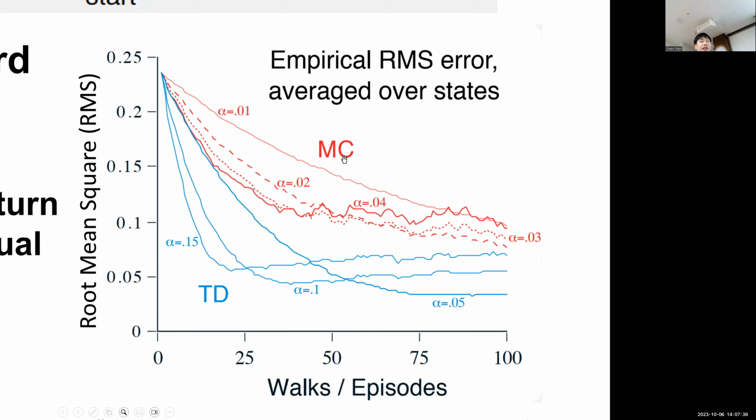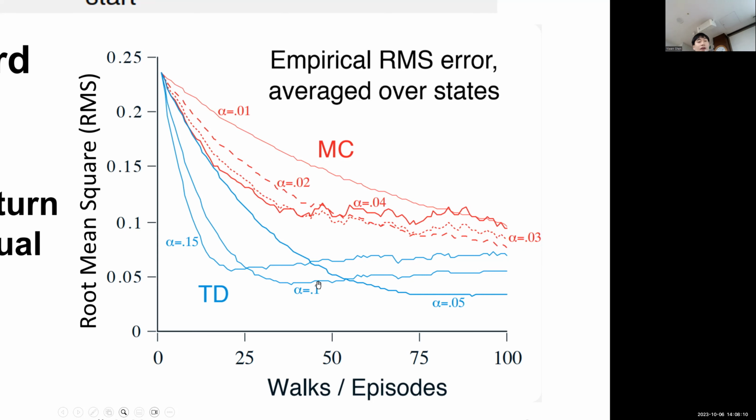You see here MC converges slowly overall, right? Even though we give different alpha, different step sizes, they converge slowly. When they reach 100 episodes, it's still far from the true value, much worse than TD. If you look at TD, they reduce the error fast, right?